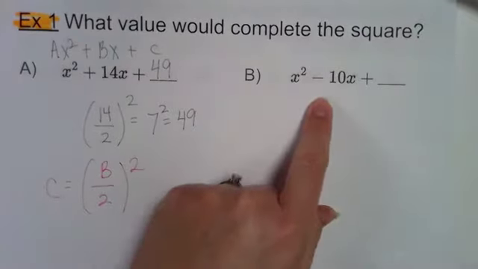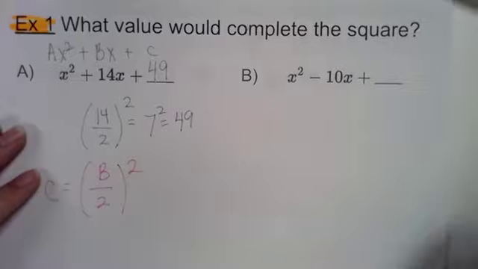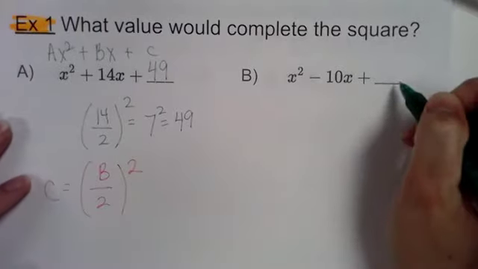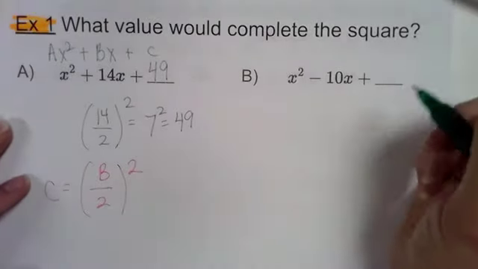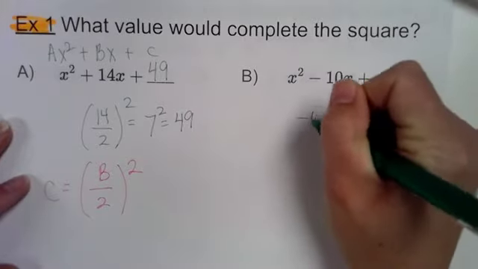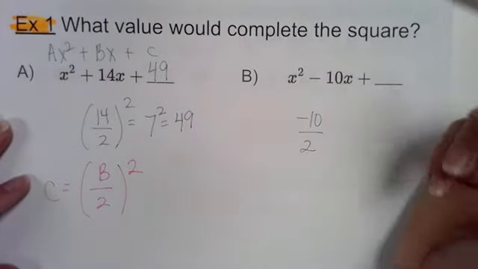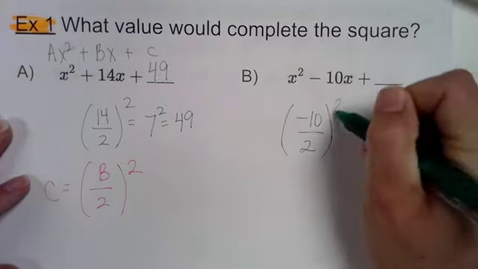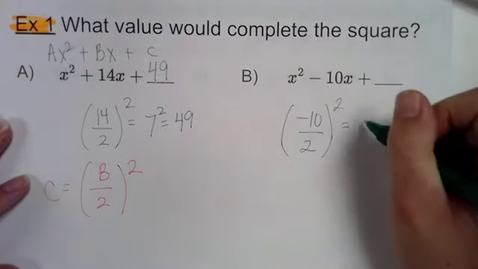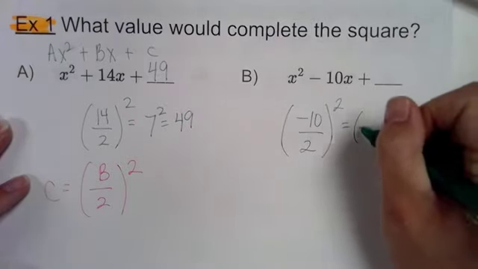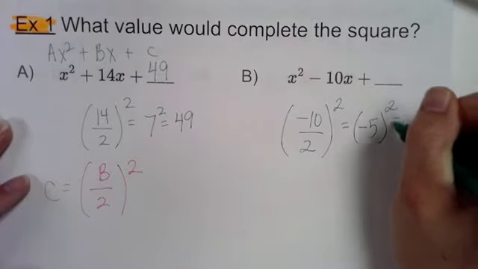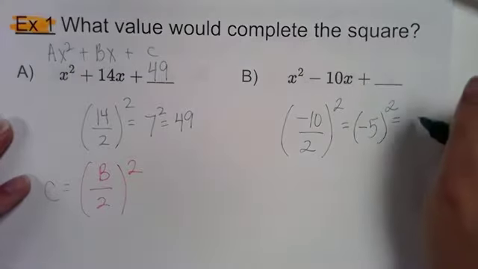Let's look at this one. Again, if we want to figure out what completes the square here, what do we need to do? Negative 10 divided by 2 and square it. Negative 10 divided by 2 is negative 5. And when we square, what do we get?